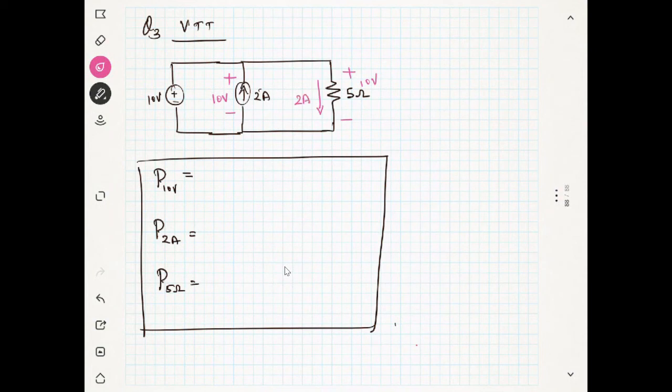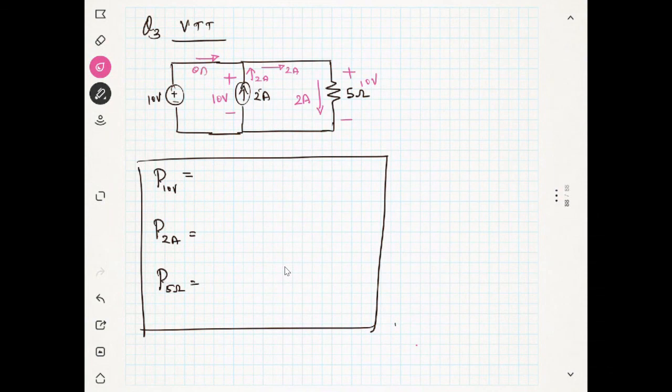Am I correct? Yes. Now you know that this 2 ampere is coming here, 2 ampere is going away. What will be the current which is coming from here? Apply the Kirchhoff law. What will be the current from the 10 volt source? 0.